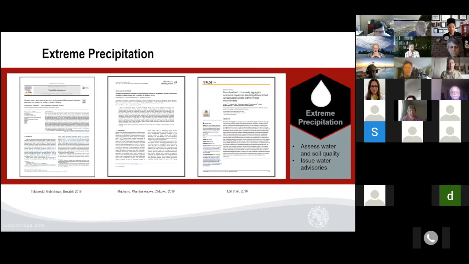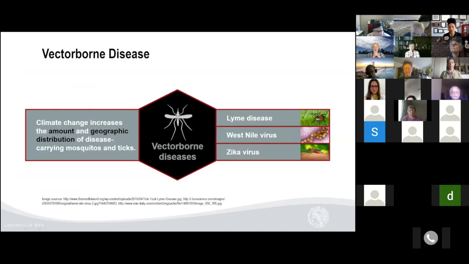So we're seeing this happen globally, including activities like crop diversification, soil and water conservation. This has great impacts on household diet diversity, and gender differences can even be impacted here. Other things taking place in the environmental health workforce include assessing soil and water quality so that advisories can be issued when there is a breach to soil and water quality.